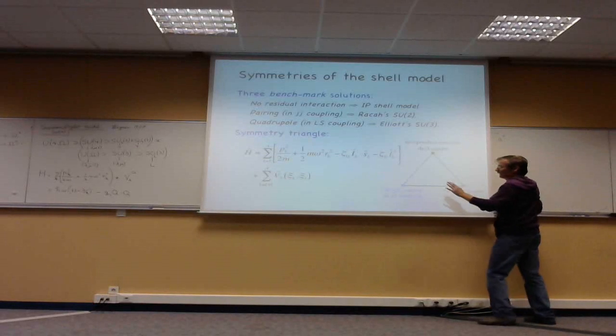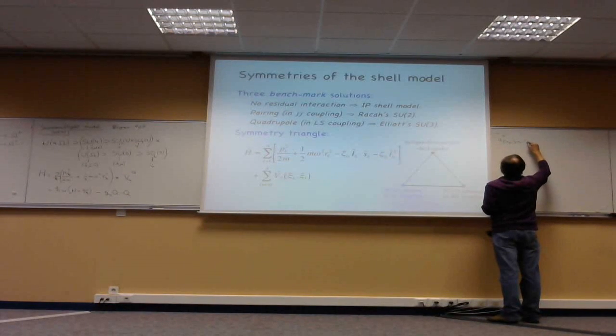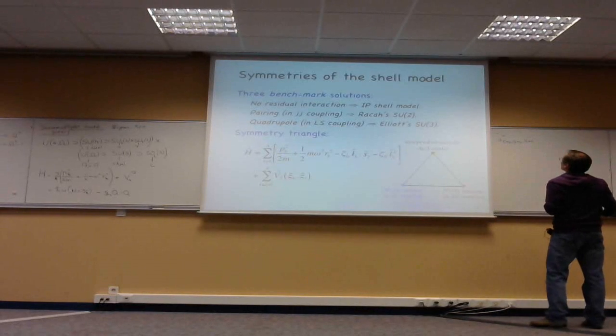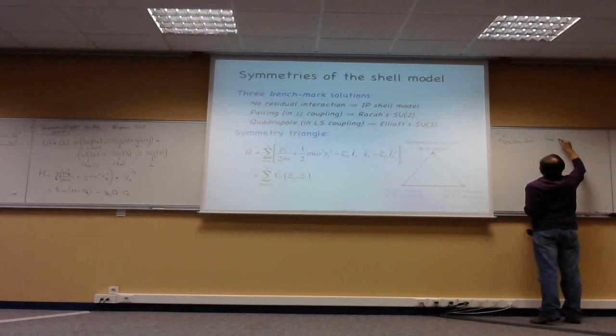Now it's LS coupling, so I will give a label L for the orbital angular momentum and its projection, then spin 1/2 and its projection, isospin 1/2 and its projection. Okay, and then there are annihilation operators, and then there are these operators which are just, yeah, this is very long to write.